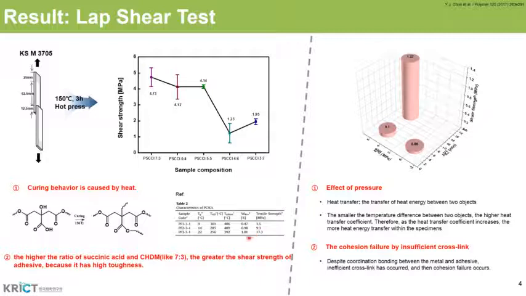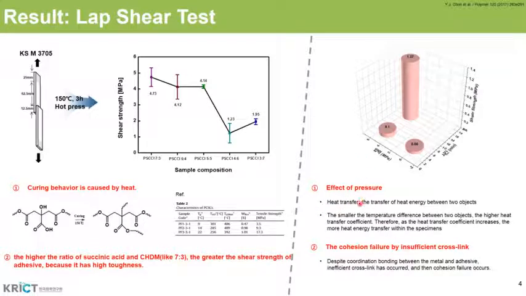And second, the higher the ratio of succinic acid and CHDM, the greater the shear strength of the adhesive because it has a high toughness. And it works on pressure and time.